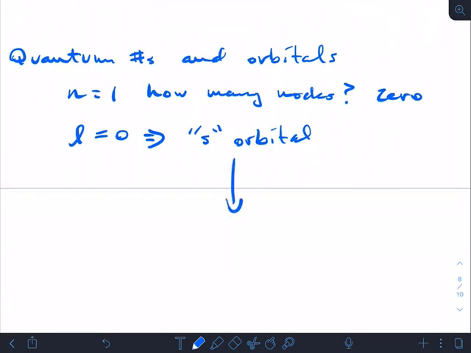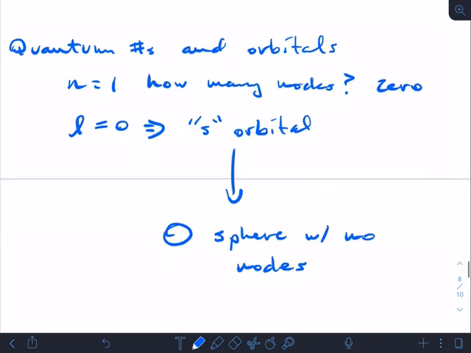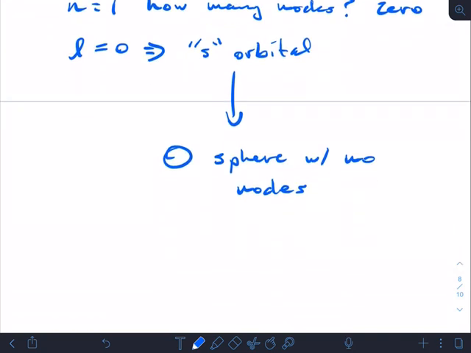So if I have no nodes, what that means is that I have a sphere. Sphere with no nodes. Okay.